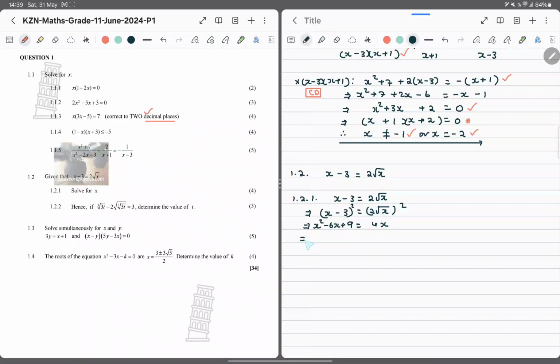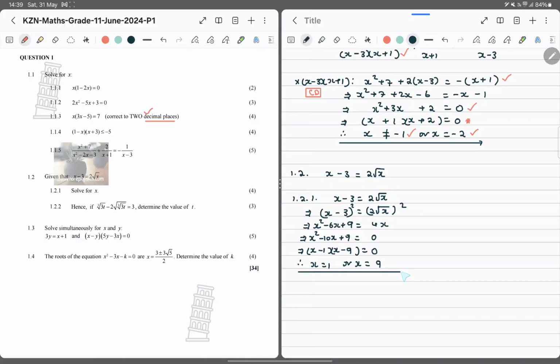Now we write our quadratic in standard format. x squared minus 10x plus 9 equals 0. We can factorize successfully. So that's x minus 9, x minus 1. Therefore, x is 1 or x is 9.